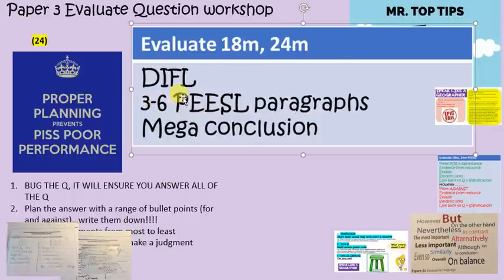It's far better to do 4 really well with an awesome conclusion than it is to do 6 that are missing elements of the criteria or have a conclusion missing. But your 24 marker, be aware the difference is 6 marks. In reality, there needs to be more in this. Yeah?